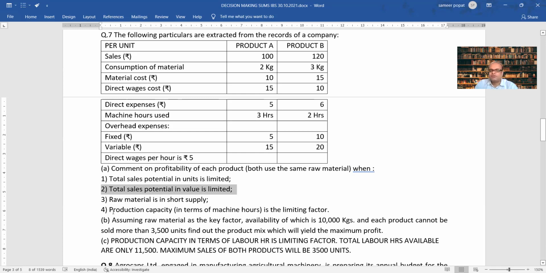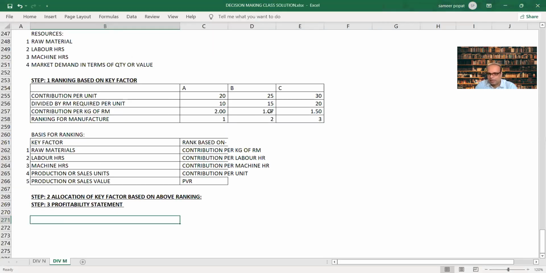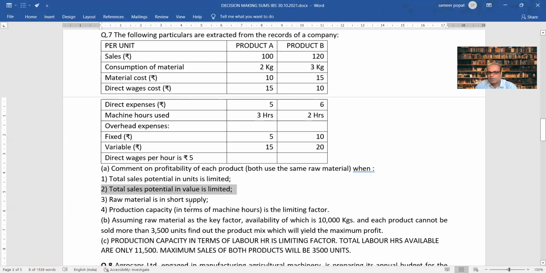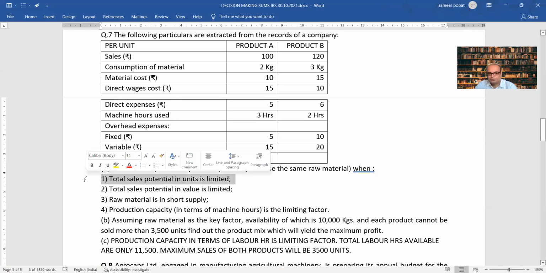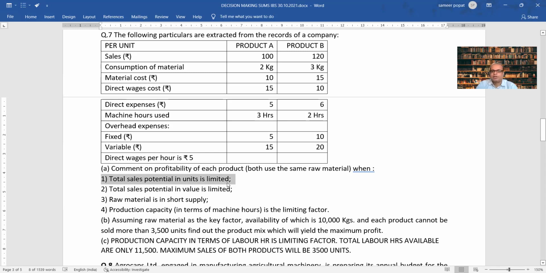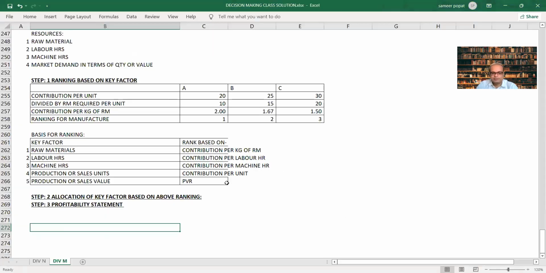For each of the key factors given here, there is a different sum. In each sum, we need to prepare this ranking table. That will end our solution for each key factor given here. So let us start one by one. If total sales potential in unit is limited, that is the first key factor.